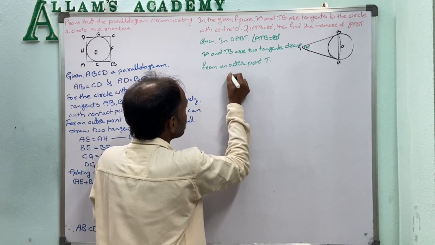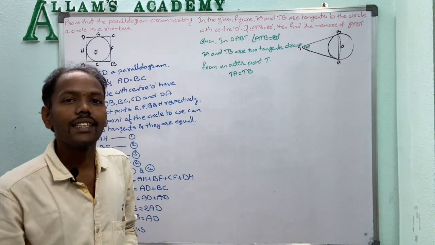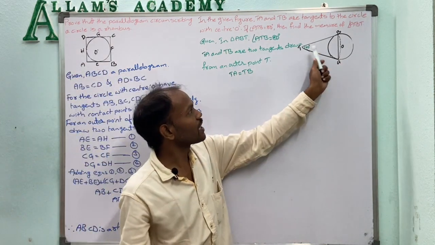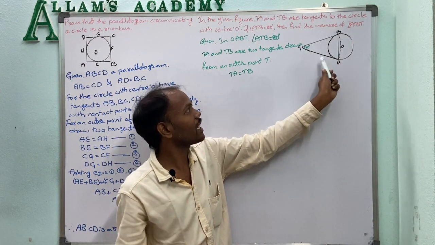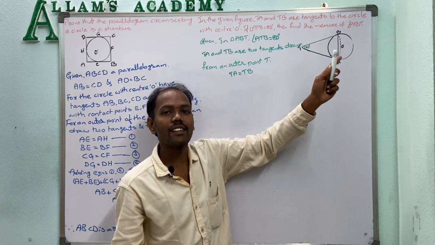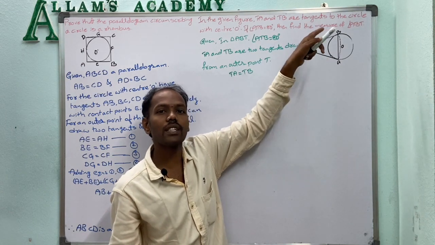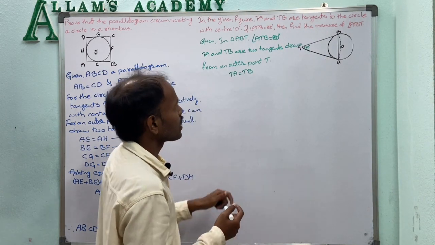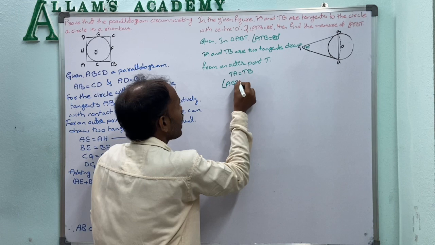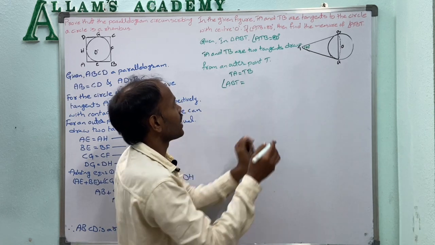So now we can write TA equal to TB. If two sides are equal, then their opposite angles are also equal. That means in triangle ABT, TA equal to TB, so it is an isosceles triangle. In an isosceles triangle, the angles opposite the equal sides are also equal. So the angle opposite TA is angle ABT and the angle opposite TB is angle TAB.